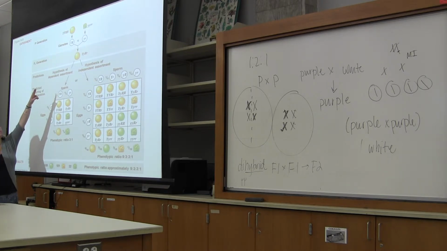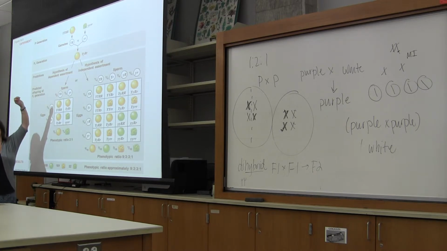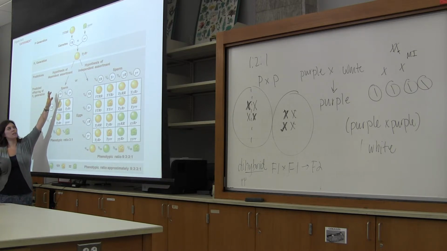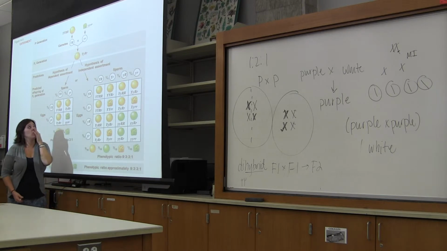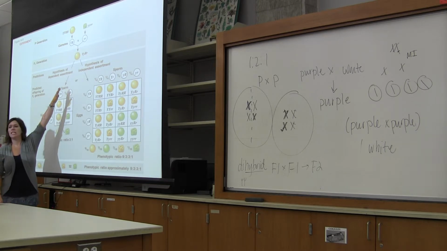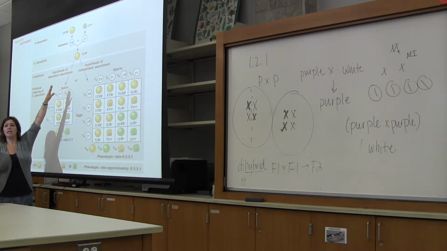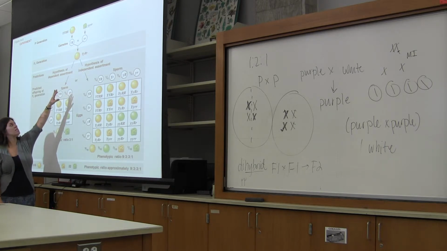In the case of the dominant ones, he took a yellow colored plant with a round seed. Yellow is dominant and round is dominant compared to green and wrinkled. He crossed these parental true breeding phenotypes to one another and got the F1. In the F1, he's going to see the dominant phenotype, so he's going to see the yellow and the round seed.